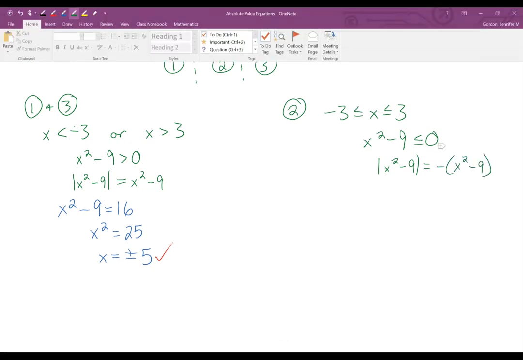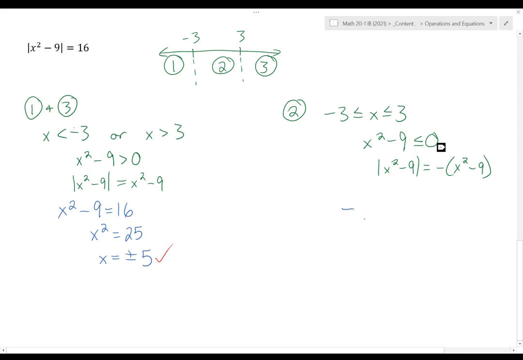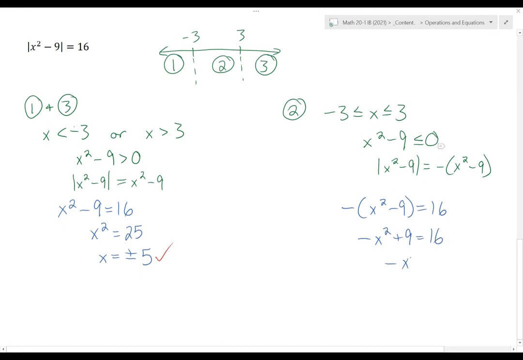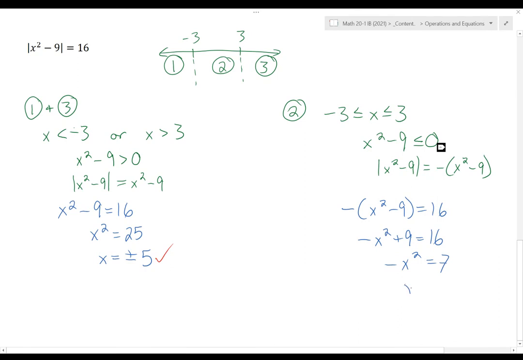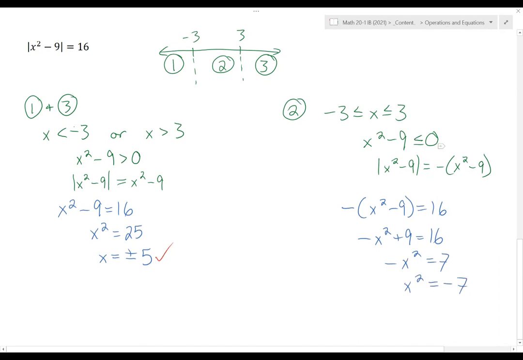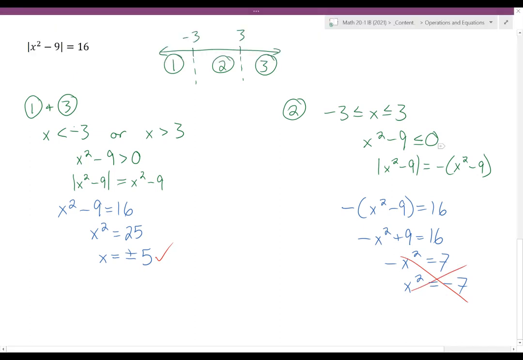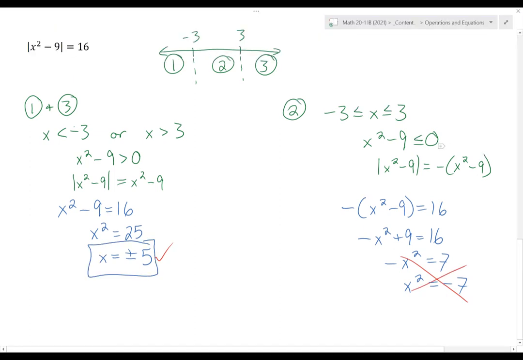So in this interval, the equation that we're solving is negative (x squared minus 9) equals 16, which is negative x squared plus 9 equals 16, which is negative x squared equals 7, or x squared equals -7, which is impossible. So there are no solutions in this interval, and our only two solutions are the solutions from interval 1 and interval 3, which we found in the first step.